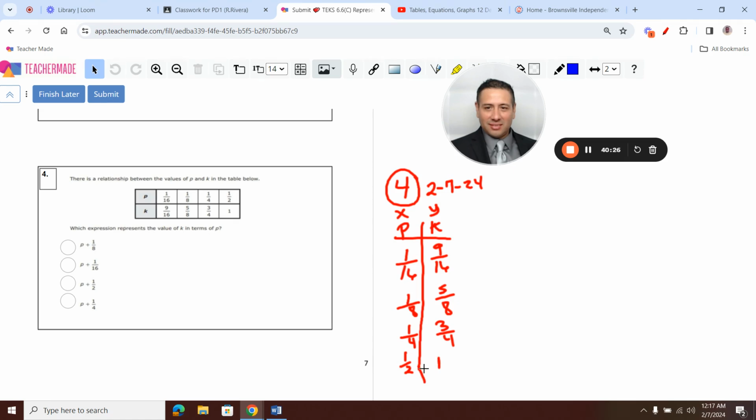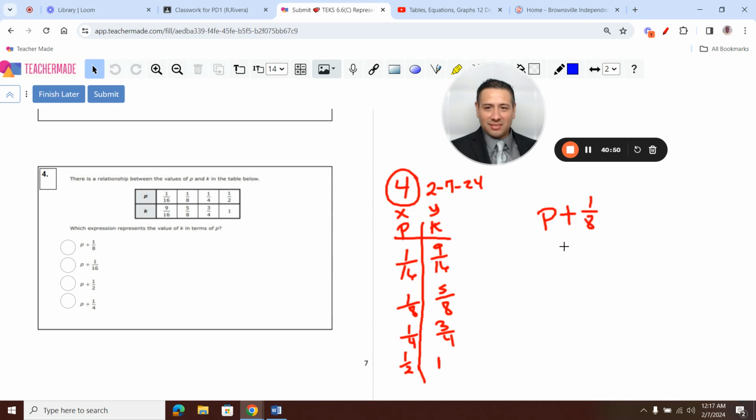And then you have to decide which one you want to use. I want to teach you to be smart. Let's start with letter A. Letter A says P plus 1/8.